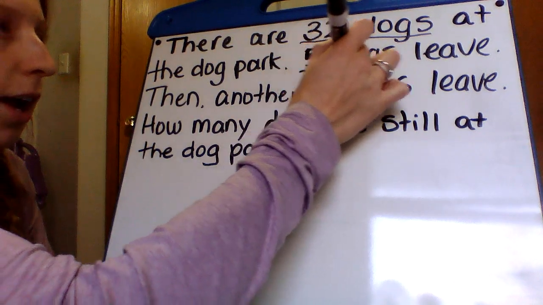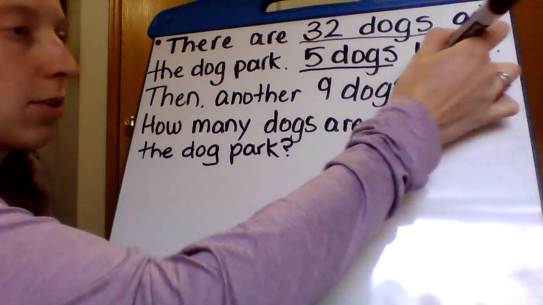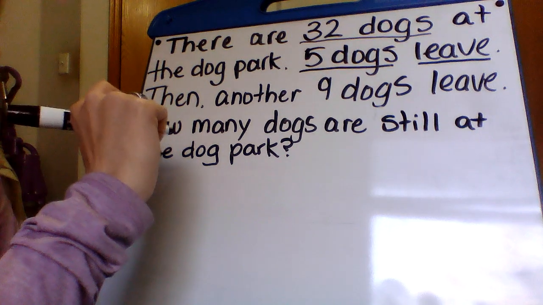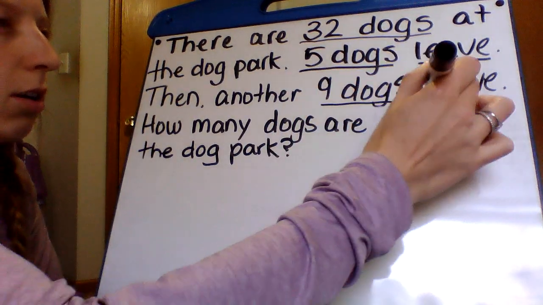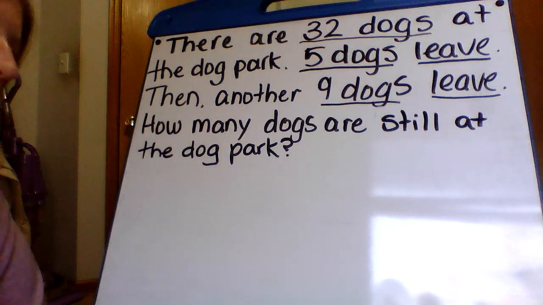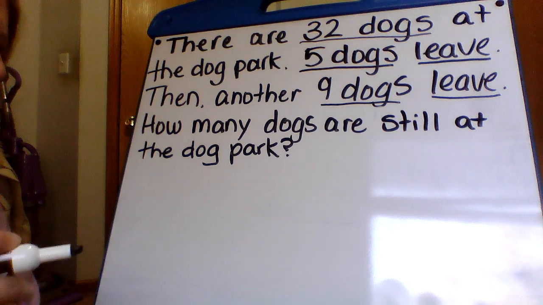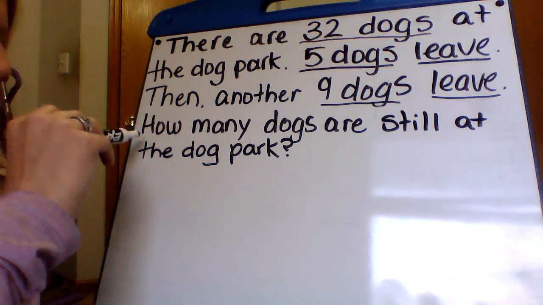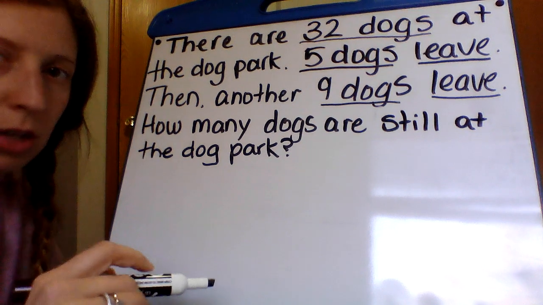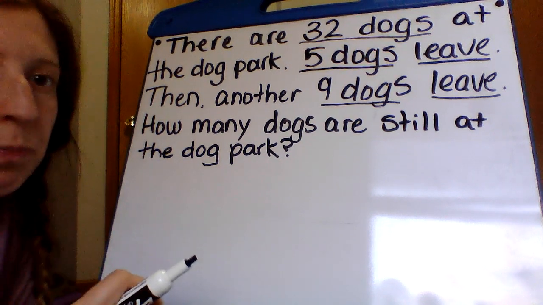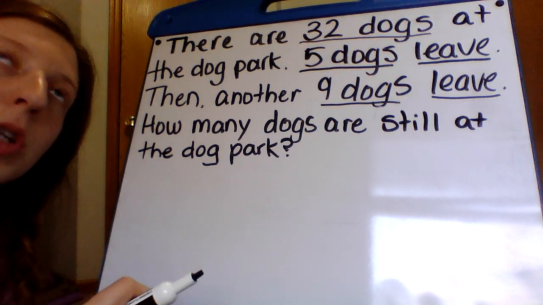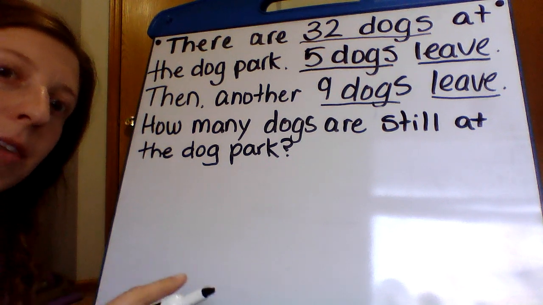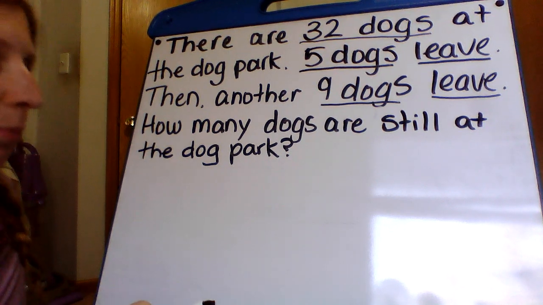Then there's 5 dogs that leave, so that leave is going to tell you something. And then another 9 dogs leave. How many dogs are still at the dog park? They want to know how many dogs are still at the dog park. I always like to read my question a few times so I remember what they're talking about, and I know that's what I have to answer at the end when I'm all done.